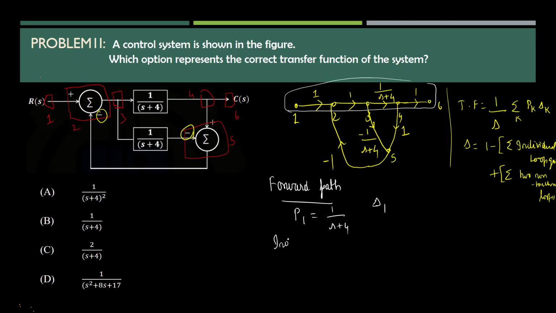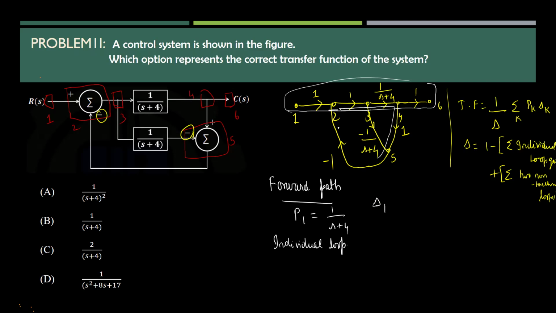And let me find whether any individual loop is there. An individual loop should start at the same node and end at the same node. So if we consider the second node: second to third, third to fourth, and fourth to fifth, and here it is returning back.